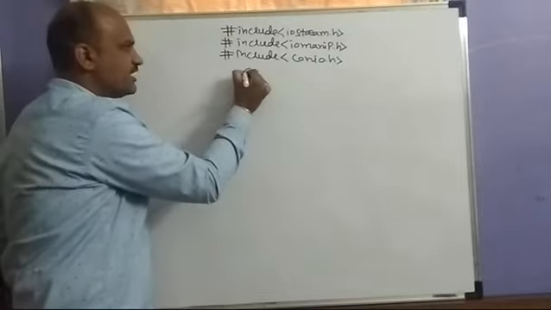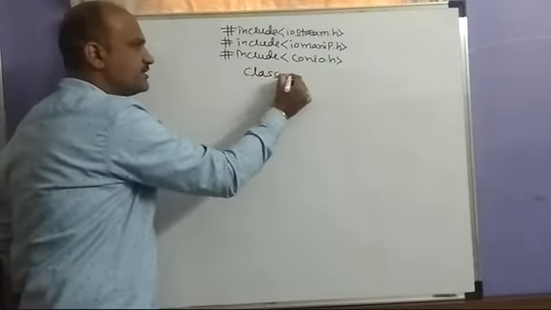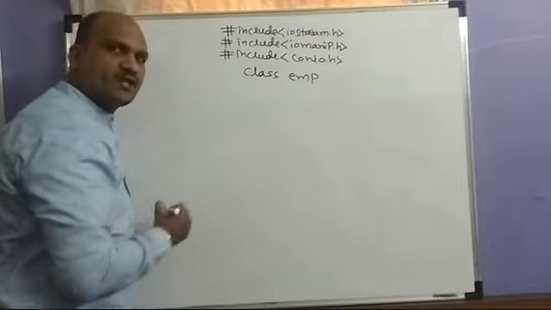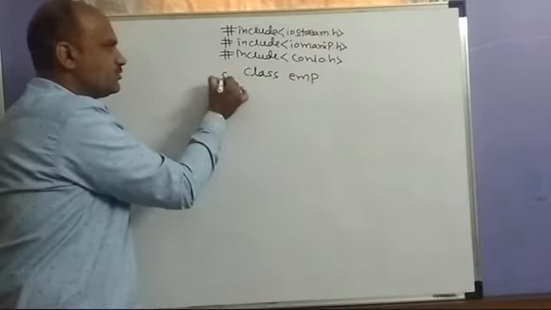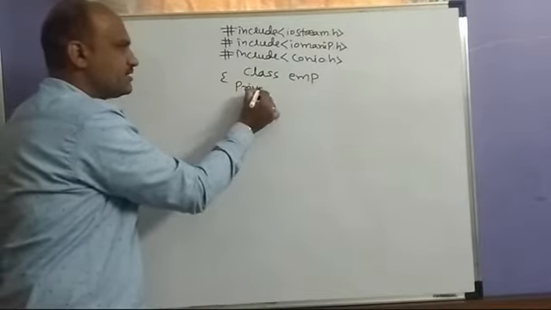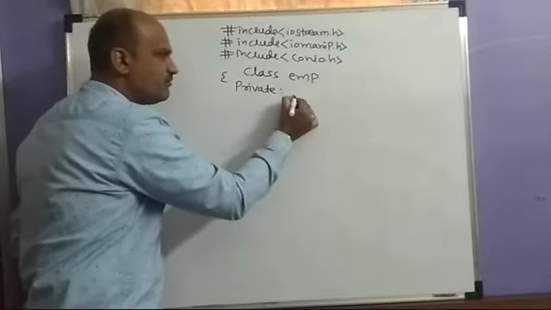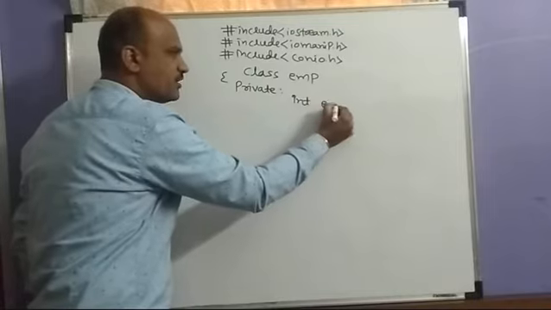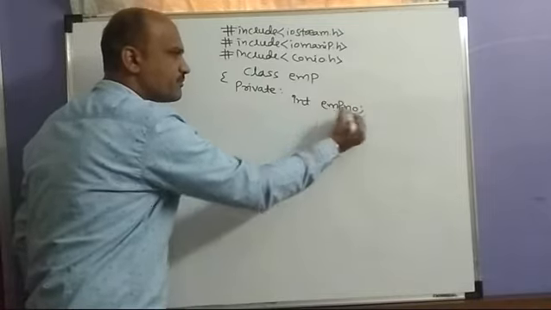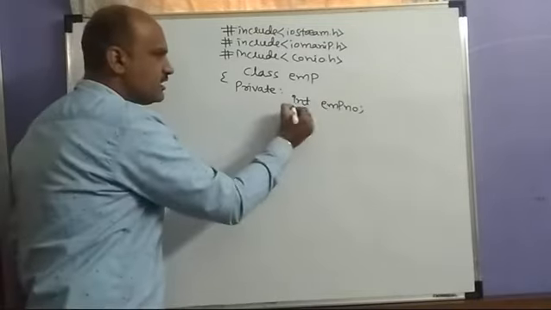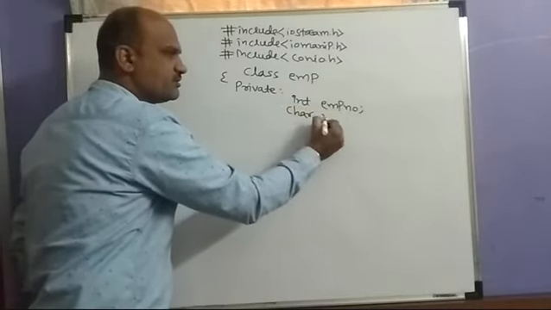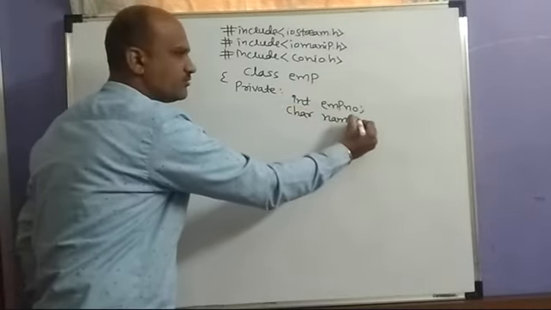We should define the class, and I will take the class name as emp. Then we'll create the private section and define the variables. I will define the employee number with integer type. Then I will define a character array for the employee name.